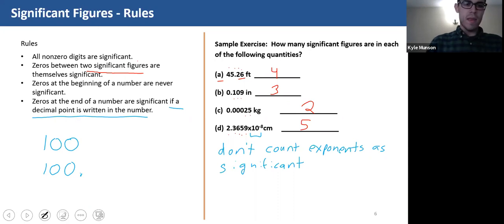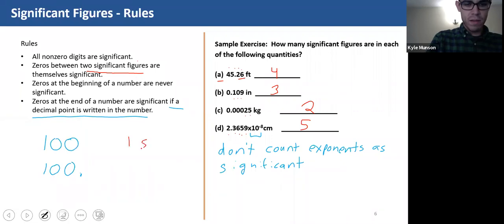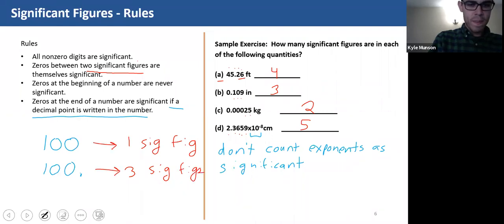If we go by this rule, the top number only has 1 sig fig. The bottom number has 3 sig figs. Why? Because that decimal point is included in the bottom number. So I count the zeros at the end of the number, but there's no decimal point in the top number, so those are not counted.